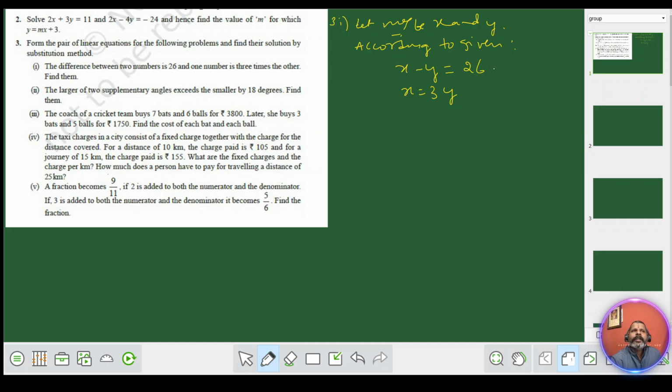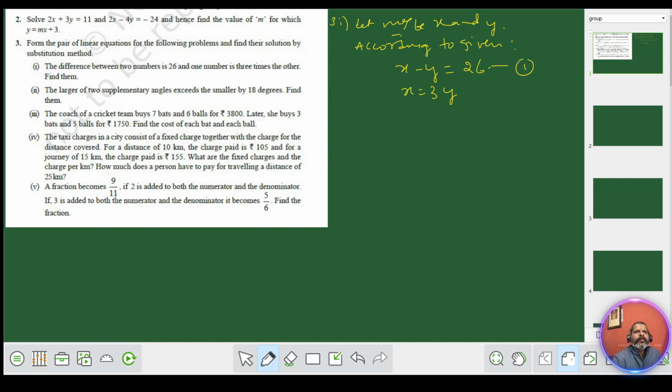Just observe here in the first equation, x minus y is 26 means that's a positive 26. So therefore, x is always bigger here. So y equal to 3x, if you write in this second equation, means y becomes bigger. So first statement will not be proper. So please understand, this is a small concept here. Since x is bigger here, we write x equal to 3y.